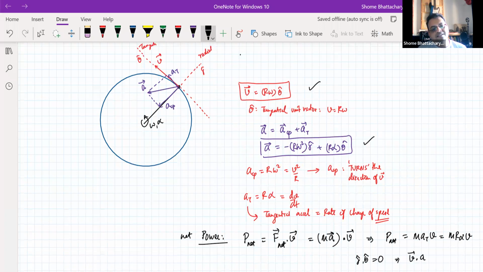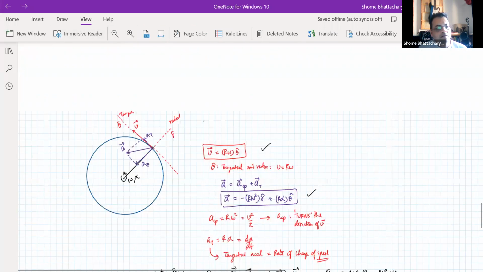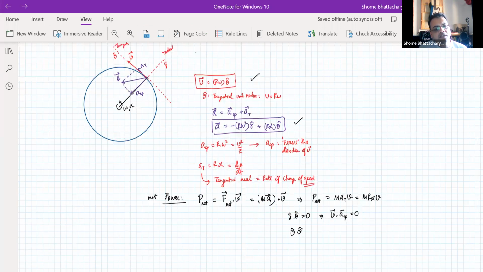So velocity dot centripetal acceleration will be 0. And theta cap dot theta cap is 1. So velocity dot tangential acceleration will be nonzero. Okay, so that's one way to understand it.